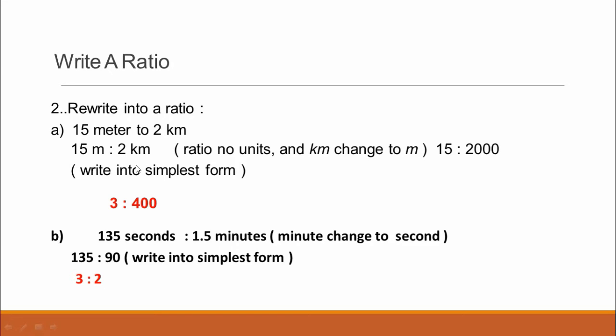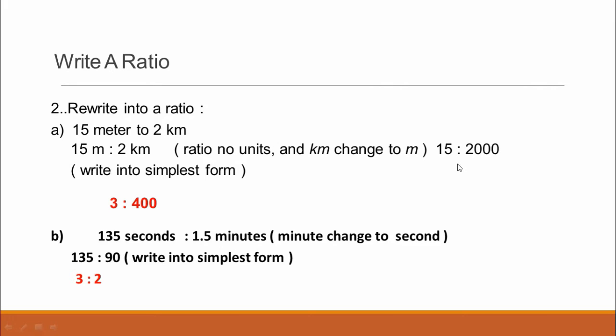So first of all, convert kilometers to meters. We can write 15 ratio to 1000, since 1 kilometer is 1000 meters. So 2 kilometers will be equal to 2000 meters.